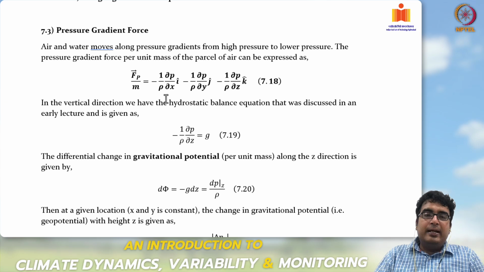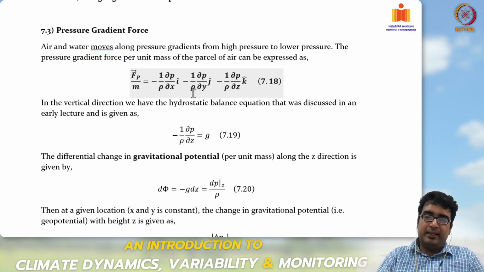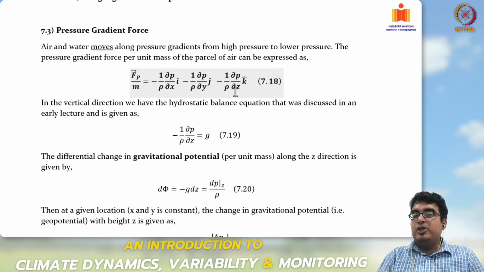So the x component of the pressure force per unit mass is the gradient del P del x divided by the density, negative of that. Similarly, negative of the pressure gradient in the meridional direction divided by the density is the pressure force in the y direction, and negative of the pressure gradient in the z direction divided by density is the pressure force in the z direction.